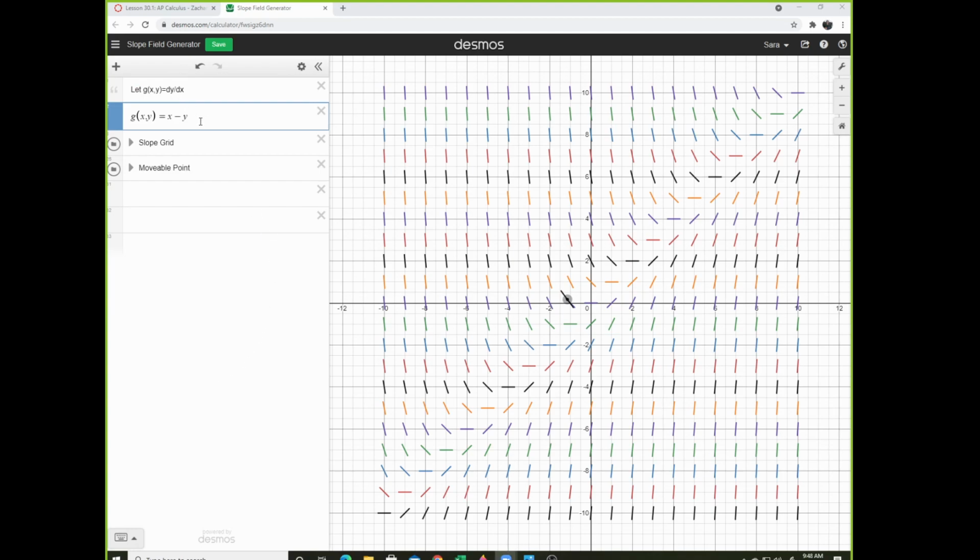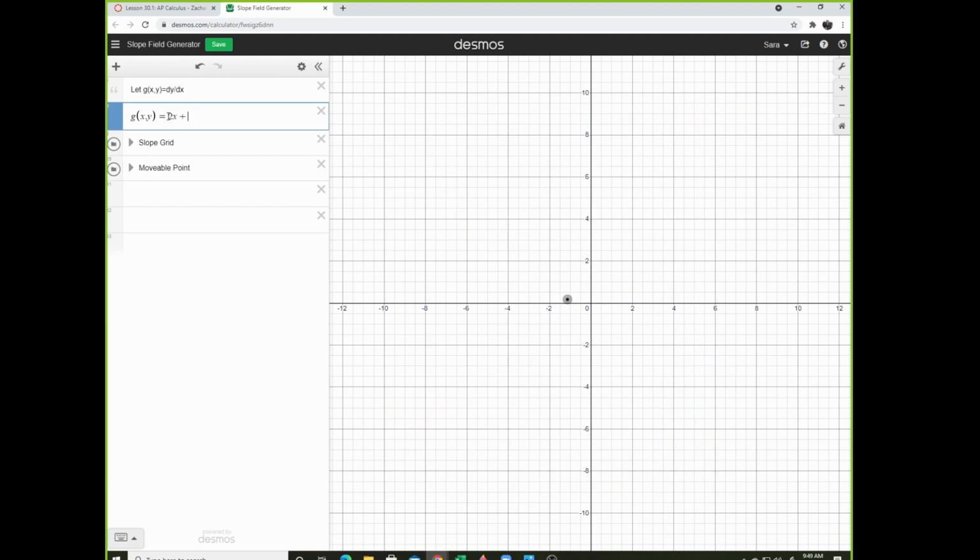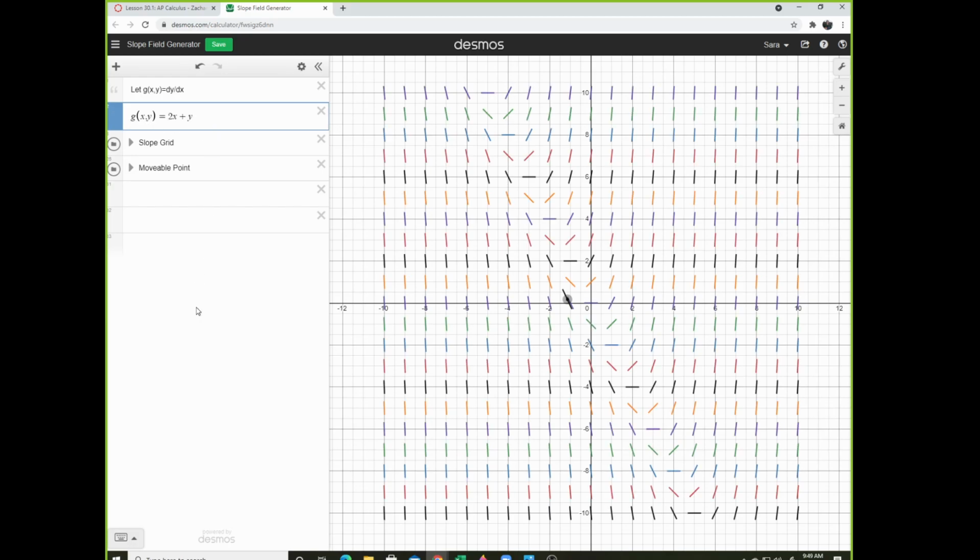You can change this equation to anything you want. So I'm going to pull up a problem from the book. Here's one that's from inside the lesson pages. There we could do 2x plus y and see what that slope field looks like. See what other sort of interesting things they have.